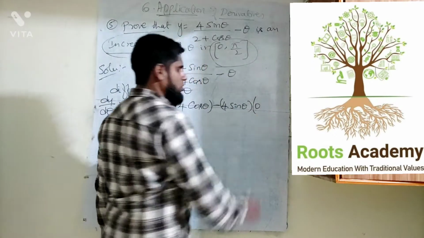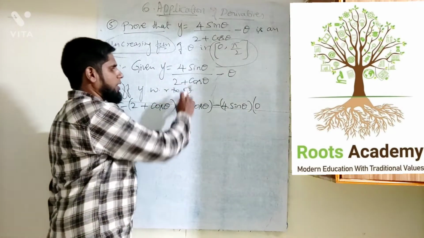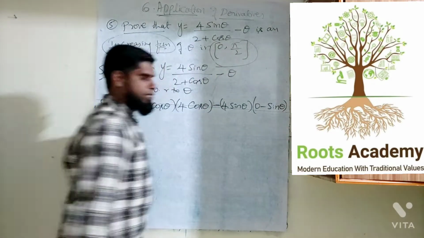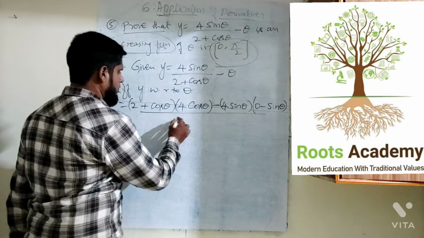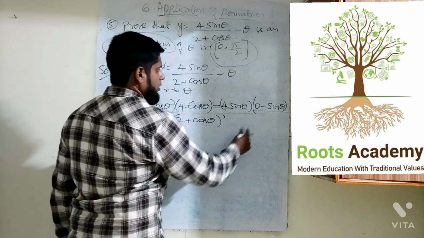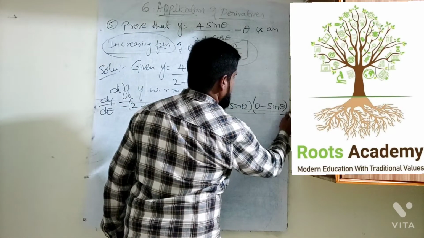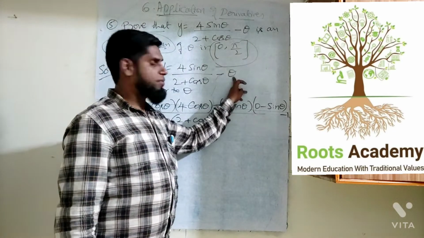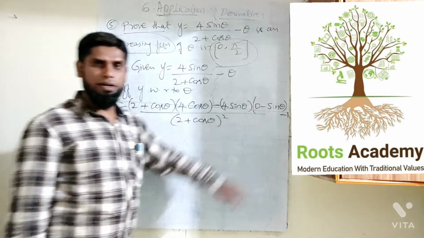The numerator is 4 sin theta. The derivative of the denominator is 0, because the derivative of 2 is 0, and the derivative of cos is minus sin theta, all divided by 2 plus cos theta whole square. And then there is a minus theta; its derivative is minus 1, minus as it is here, and the derivative of theta with respect to theta is 1.